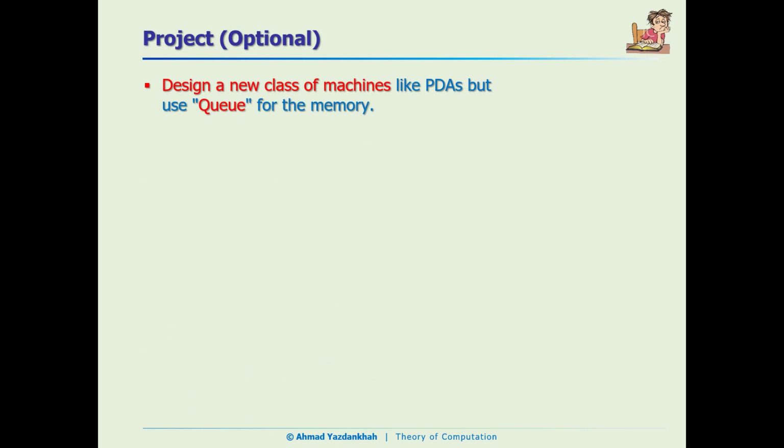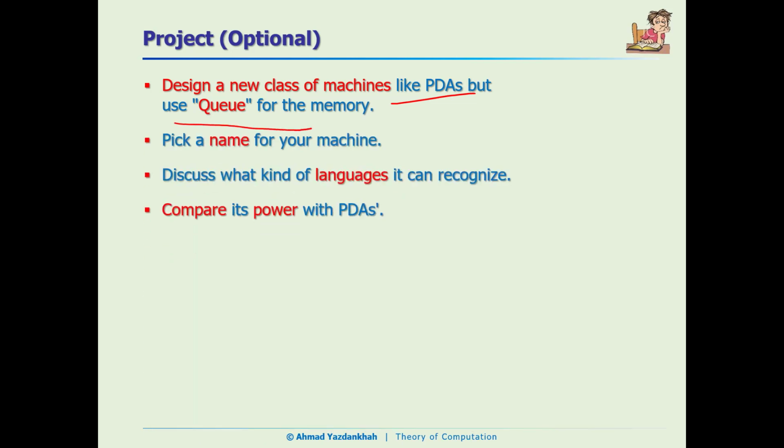Since you are familiar with how we introduce a new machine, in this optional project, I ask you to introduce a new machine like the PDAs, but instead of the stack, you put a queue. Okay, so pick a name for your machine and discuss what kind of languages it can recognize and try to compare its power with the PDAs. I'm going to stop here. See you guys in the next lecture.